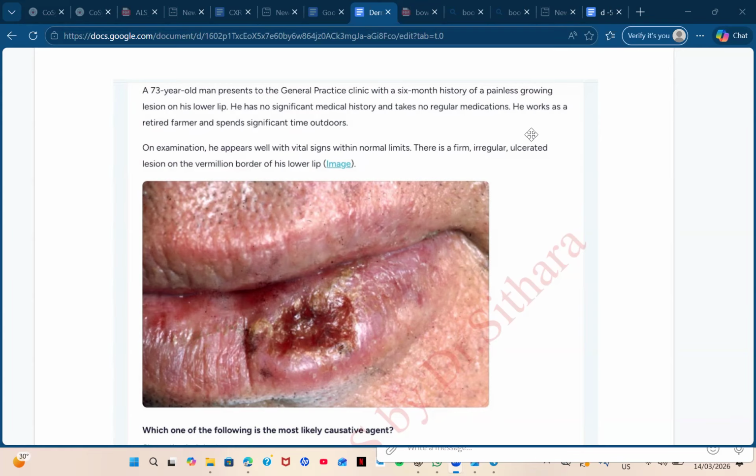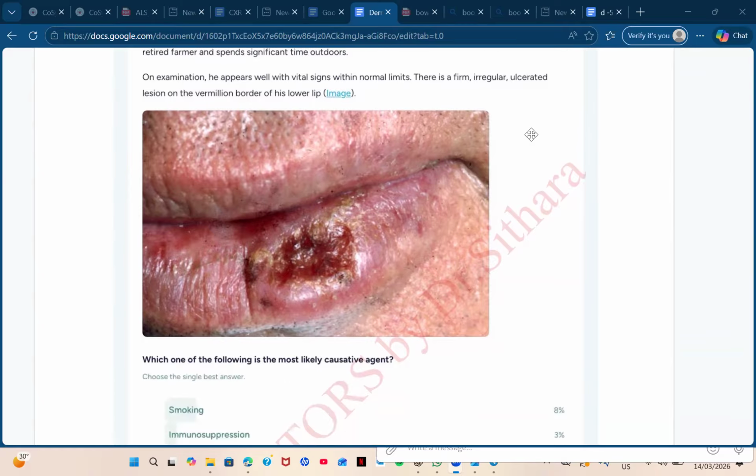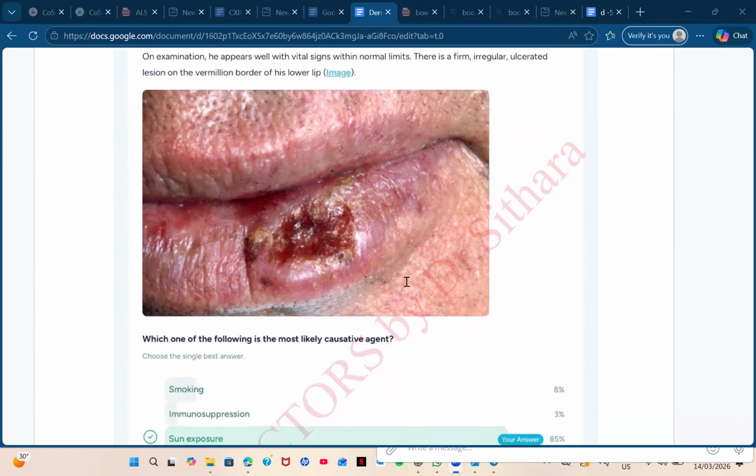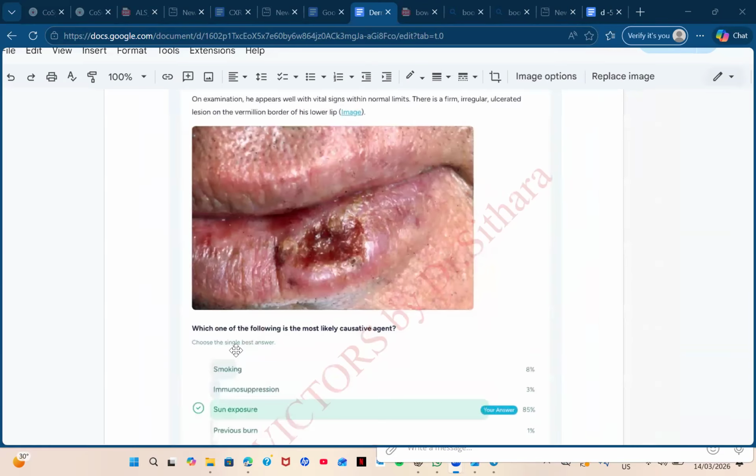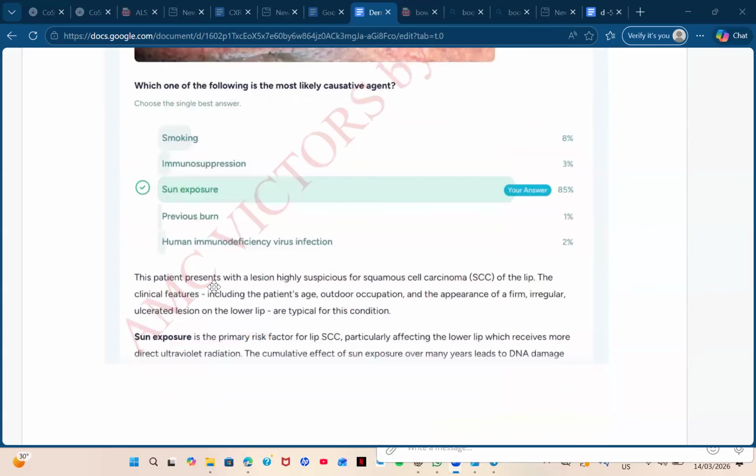On examination, he appears well with vital signs within normal limits. There is a firm, irregular, ulcerated lesion on the vermilion border of his lower lip here. They're asking which one of the following is most likely the causative agent? So we all know this is very associated with sun exposure. So remember this one as well.